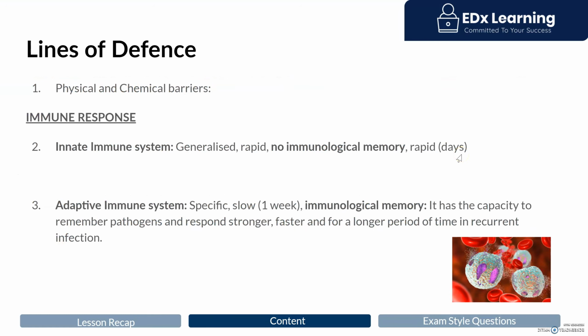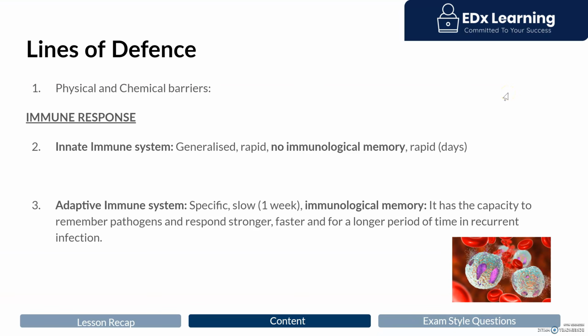So here you have your lines of defense. Remember I told you to think of the immune system almost like an army. Before the army actually advances on invaders, you first have your fort, your walls, and those are your physical and chemical barriers. If you haven't seen the lesson on physical and chemical barriers, I'll attach a link in the description below.